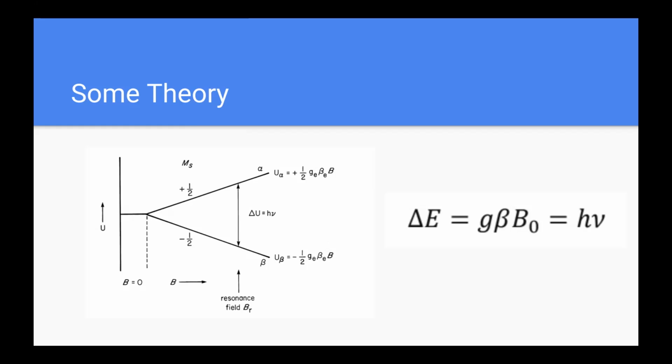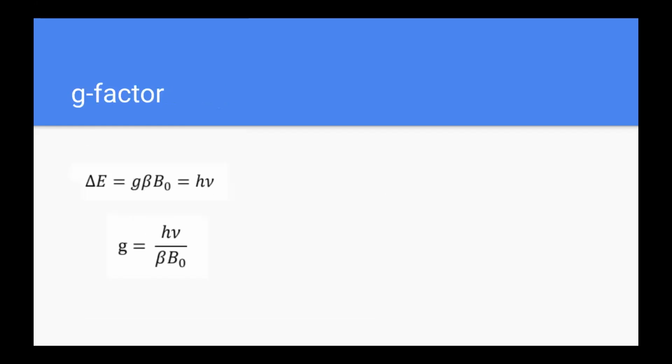Wherever g times beta times B naught equals h nu, our nu coming from our microwave frequency, we'll get a signal. Now I want to talk about that g, because that g is actually very important. Once you run an EPR, we know h, Planck's constant, we know our frequency, we know beta, and we know B naught because that's where the absorbance occurred.